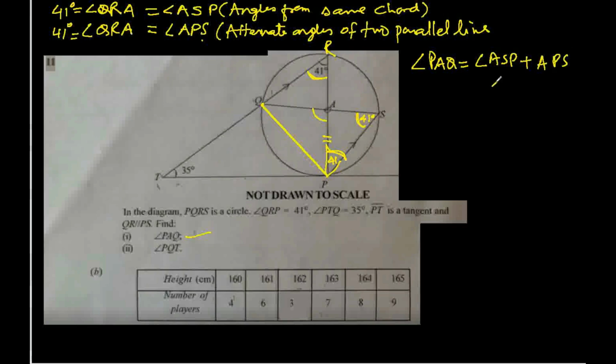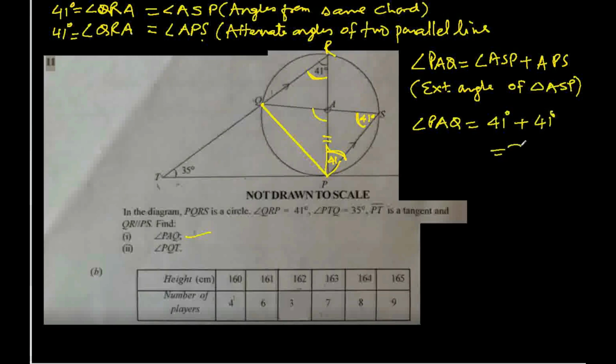This is 41 degrees, and we have to write the reason why this is the sum of these two angles. The reason is that this is the exterior angle of triangle ASP. The exterior angle is always the sum of the opposite interior angles. So angle PAQ will be equal to 41 degrees plus 41 degrees, equal to 82 degrees.